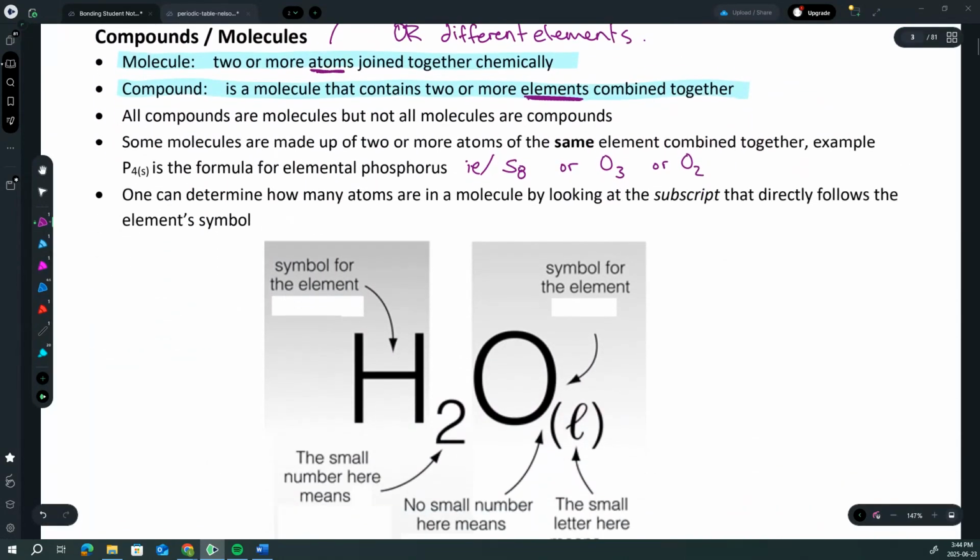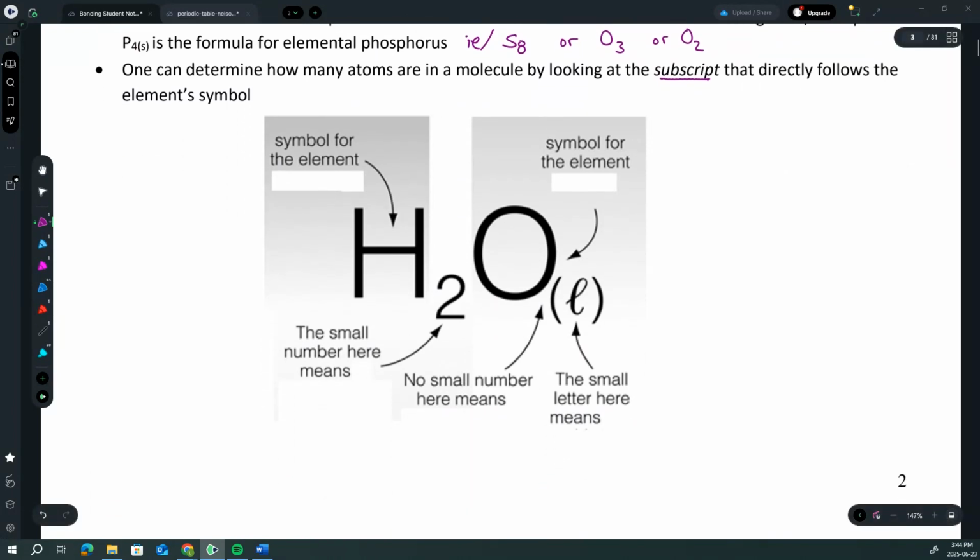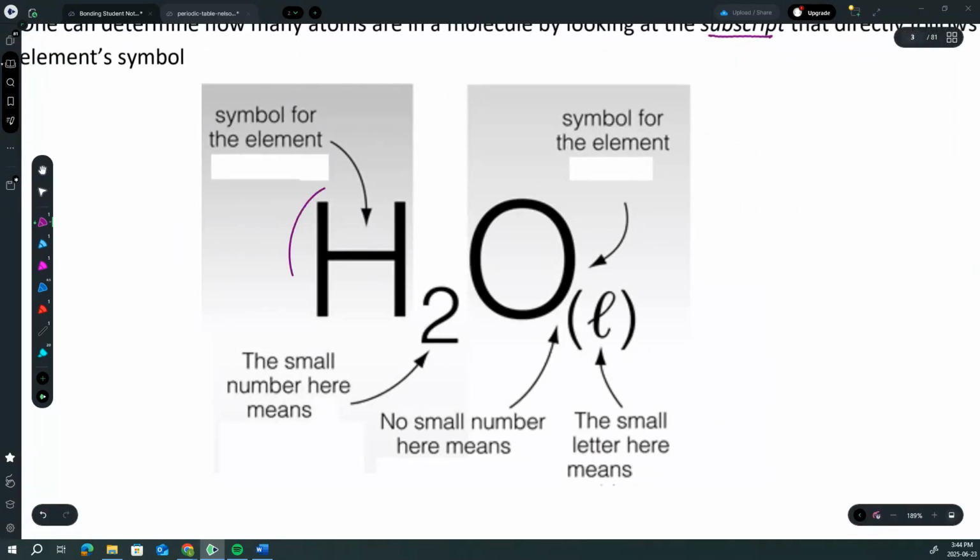So one can determine how many atoms are in a molecule by looking at the subscript, so that's the small numbers that follow an element's symbol. So if we take a look at H2O, this first symbol here, H, that's the symbol for hydrogen.